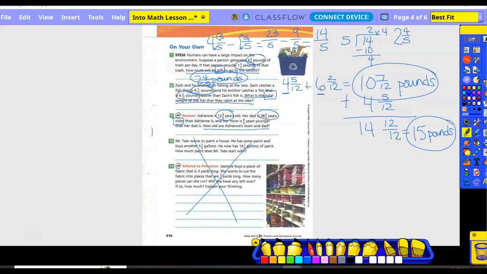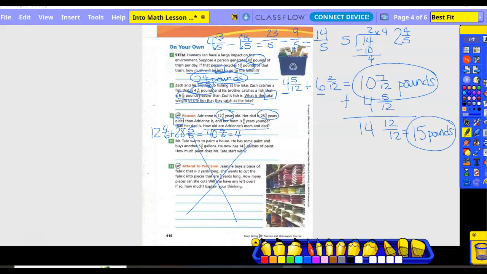So 12 and 4/6 plus 28 and 5/6 equals, add my whole numbers first. What's 28 plus 12? 20 plus 12 equals 32, so 40. And then 4/6 plus 5/6 is 9/6.